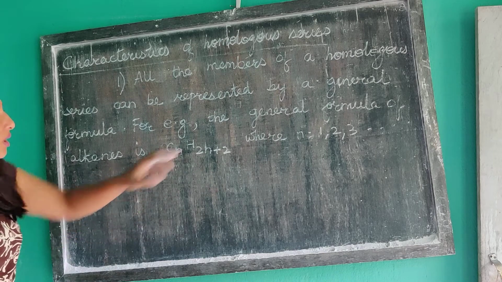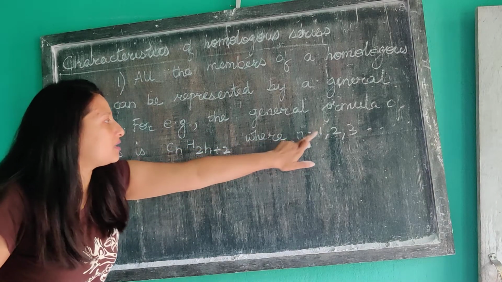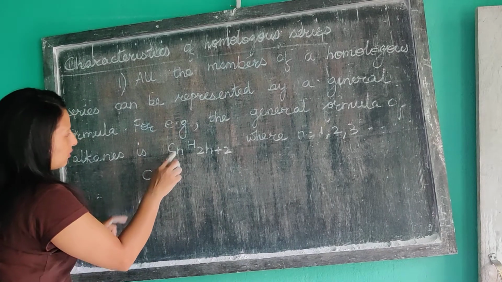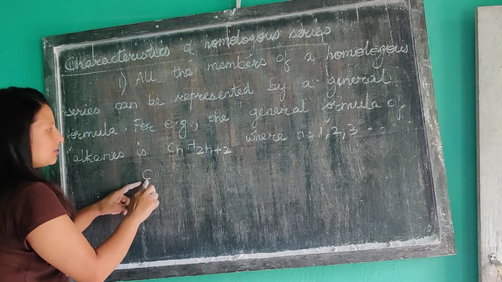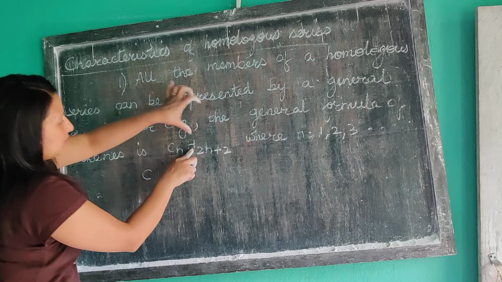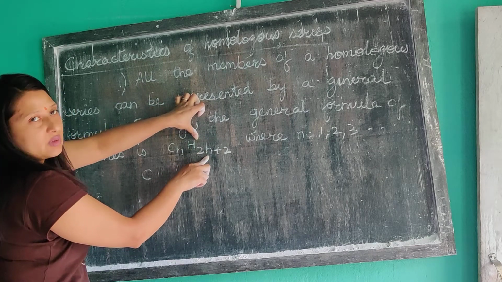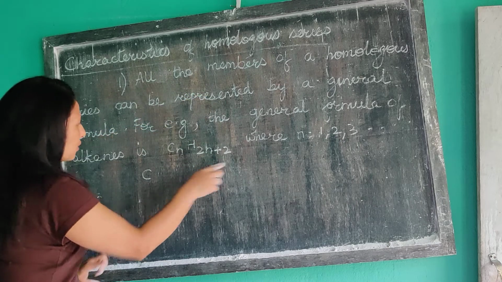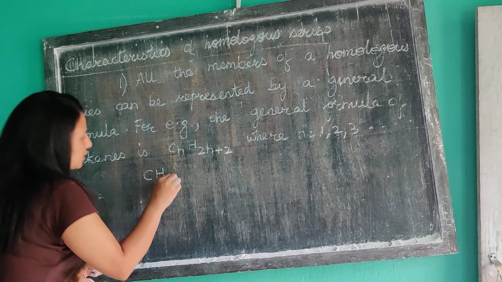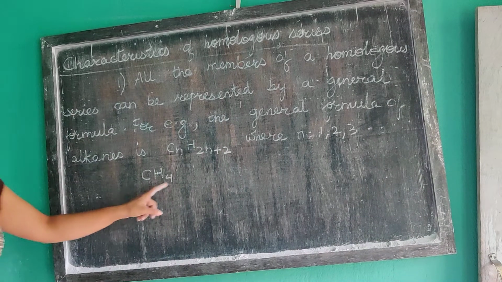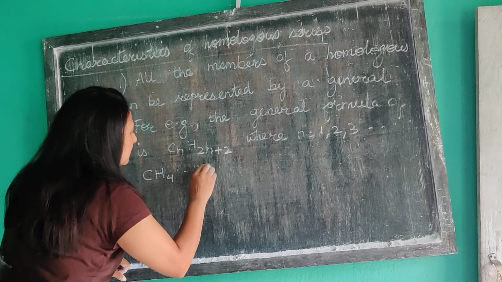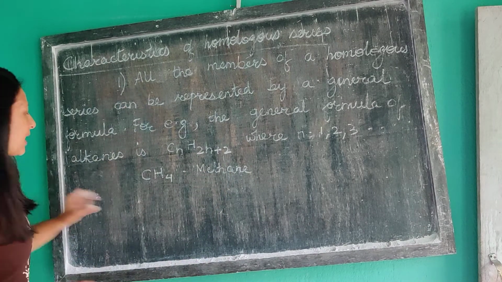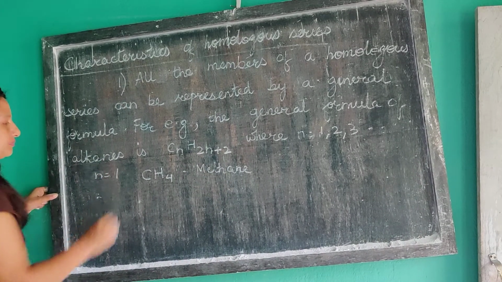When n is equal to 1, C1 means just C, and H2n plus 2, where the value of n is 1, so 2 into 1 is 2 plus 2 is 4. So the first member of alkane will be CH4, that is methane, if you remember.